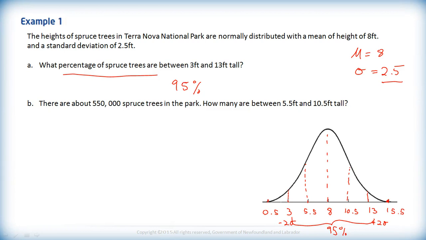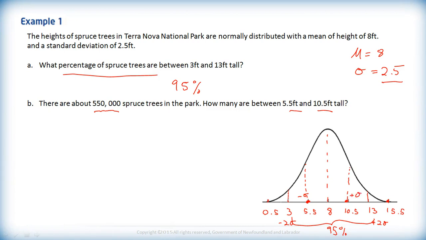Write down the number. There are about 550,000 spruce trees in the park. That's a lot of trees. How many trees are between 5.5 and 10.5 feet tall? Let's look at our diagram again. 5.5 feet and 10.5 feet is 1 standard deviation to the left and 1 standard deviation to the right.